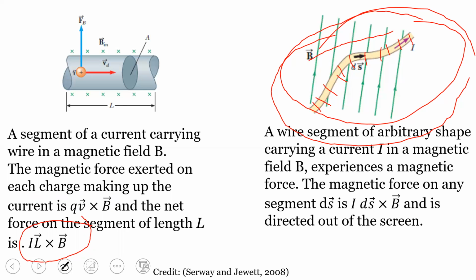S here is the length. So we can call it also dl. And the magnetic force that each of these segments will experience can be added together to determine the magnetic force that the entire length will experience.